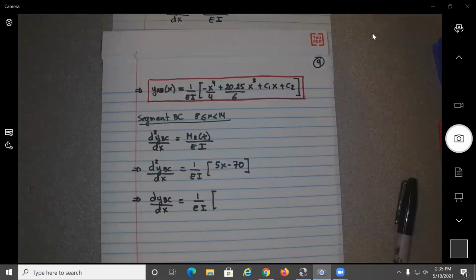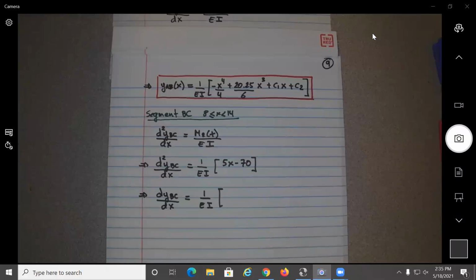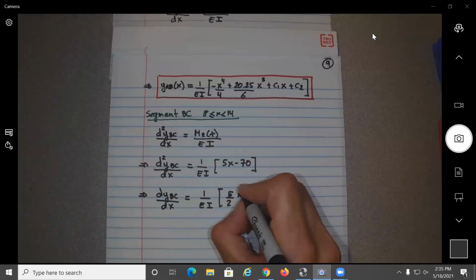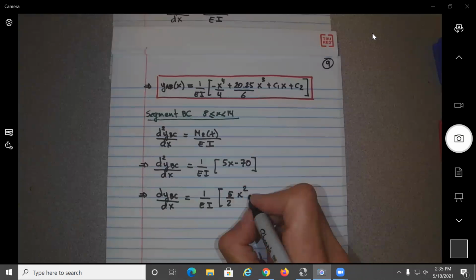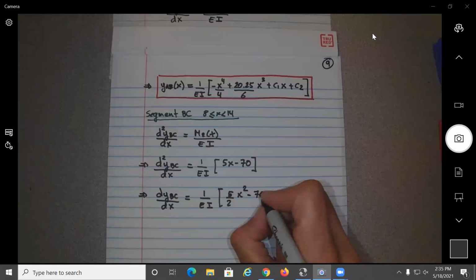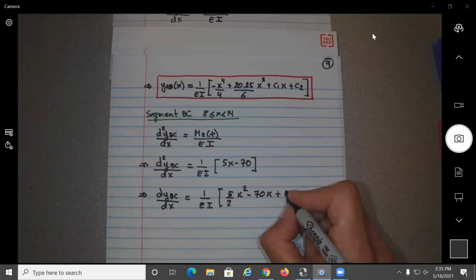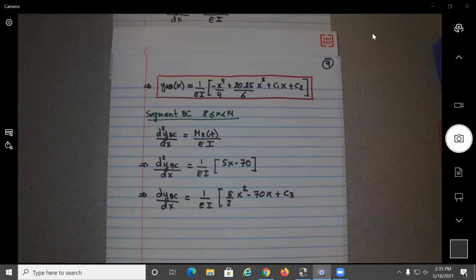Okay, sorry. So now you can see we get 5 over 2 x squared minus 70x plus a new constant that this time I'm going to call C3, not to mix it with the other ones.